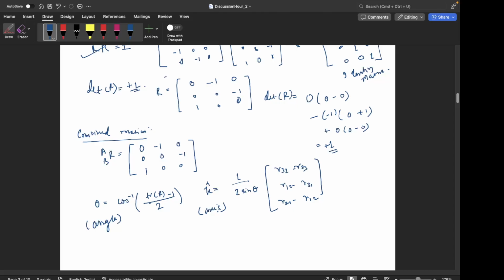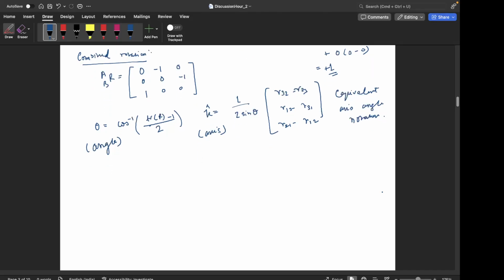So that is the axis angle corresponding to the equivalent rotation. So this is equivalent axis angle notation. Now, if we know the matrix R, we can very easily calculate theta and k.